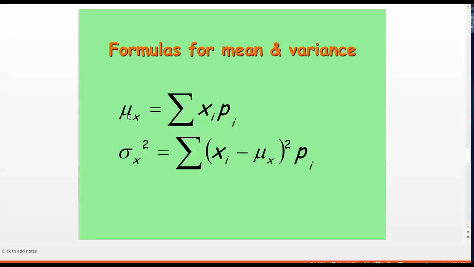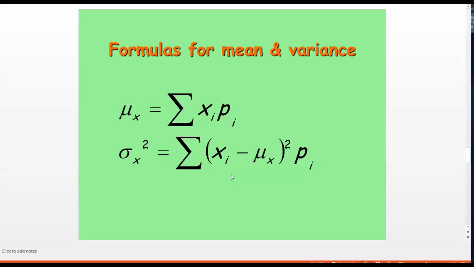To find the mean of a discrete distribution, I need to multiply each observation times its probability, and then take each of those numbers and add them up. Whatever I get as a result is the expected value of that particular situation.